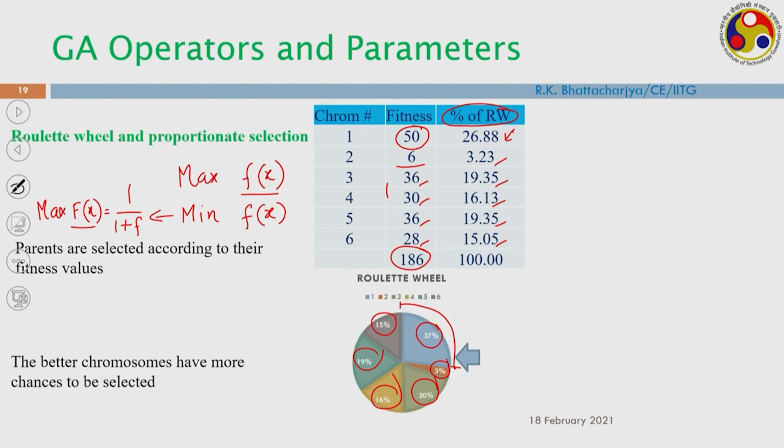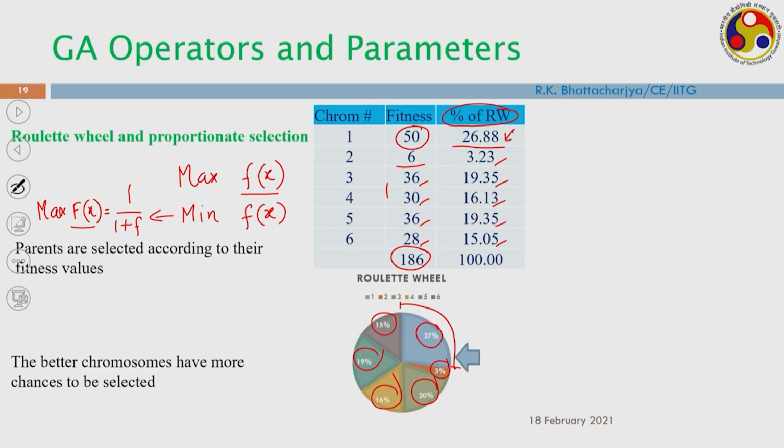Now, the worst solution occupies only 3%, so its probability of selection is very low. This is, as I said, an unbiased roulette wheel. The best solution will have a higher probability, 26.88, and similarly other solutions will also be selected.